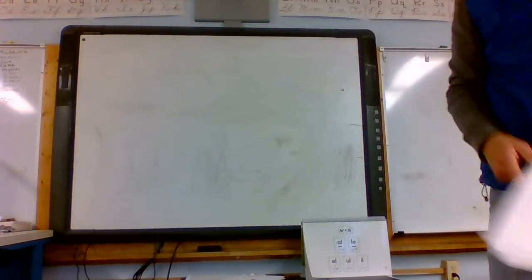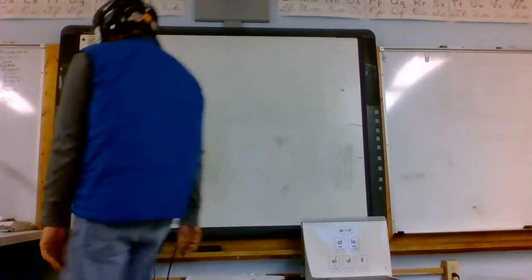Okay, number 4 on your page. Number 4 says 740, and it tells you to draw boxes, sticks, and circles.